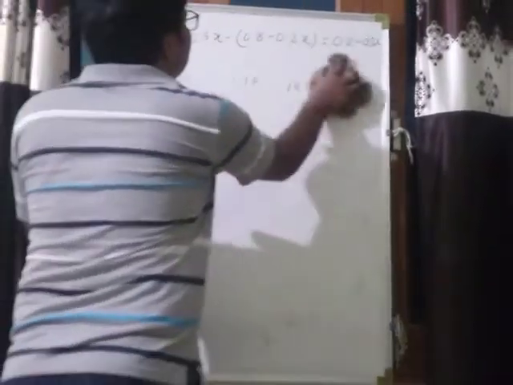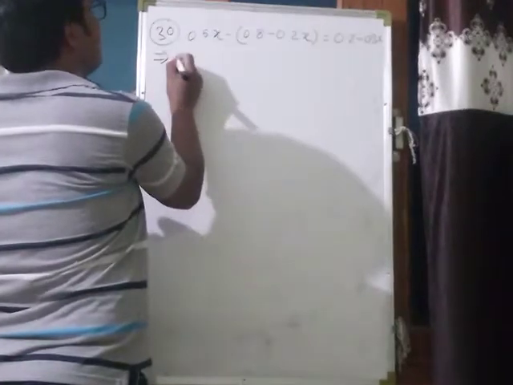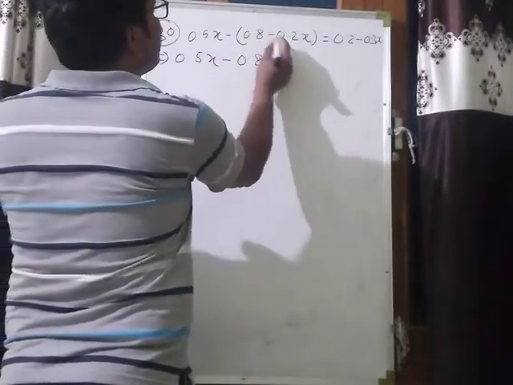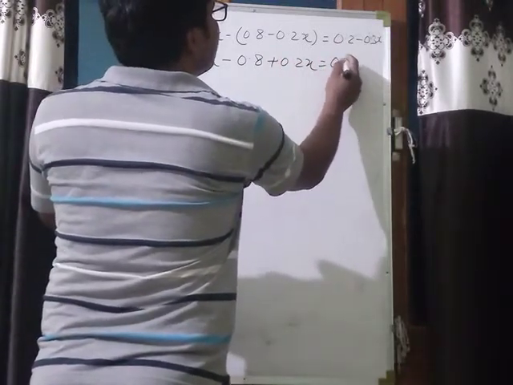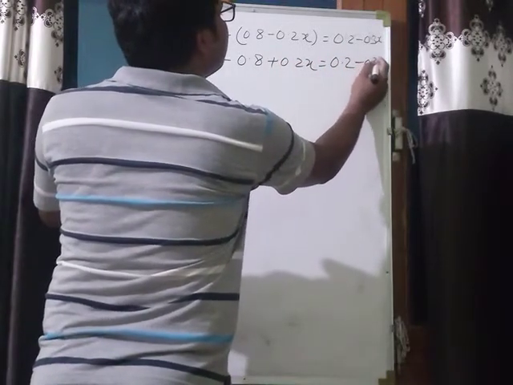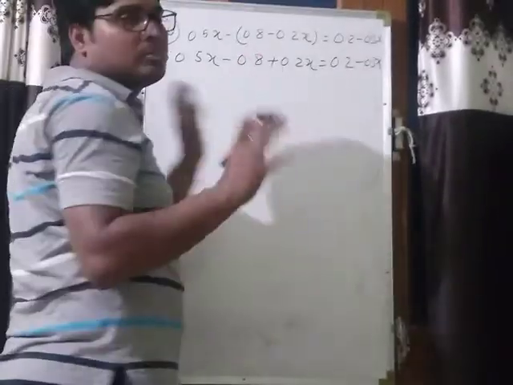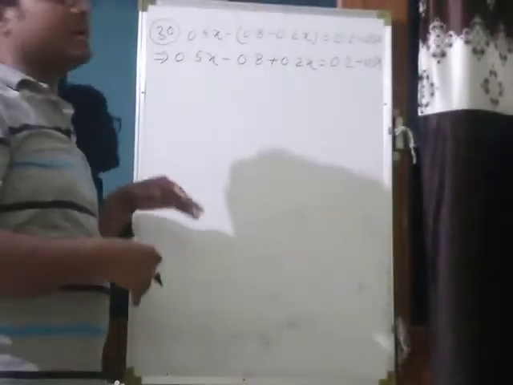Note it. See, simply open the bracket. What we have, this is 0.5x minus 0.8 minus minus, plus 0.2x equal to 0.2 and minus 0.3x. Now transfer: terms which contain x, transfer them to the left and others to the right.